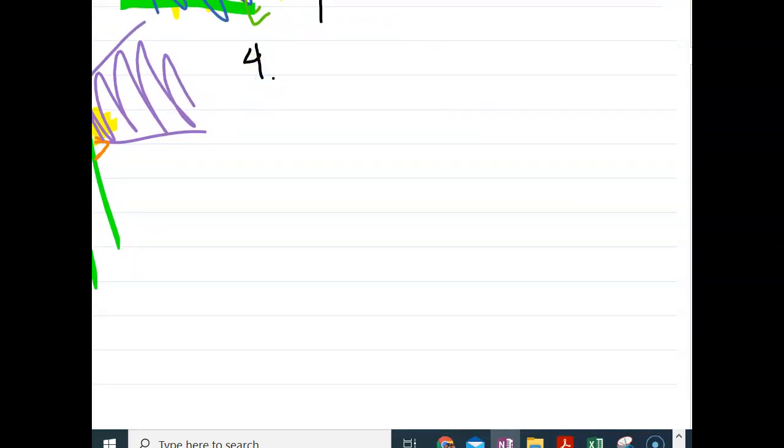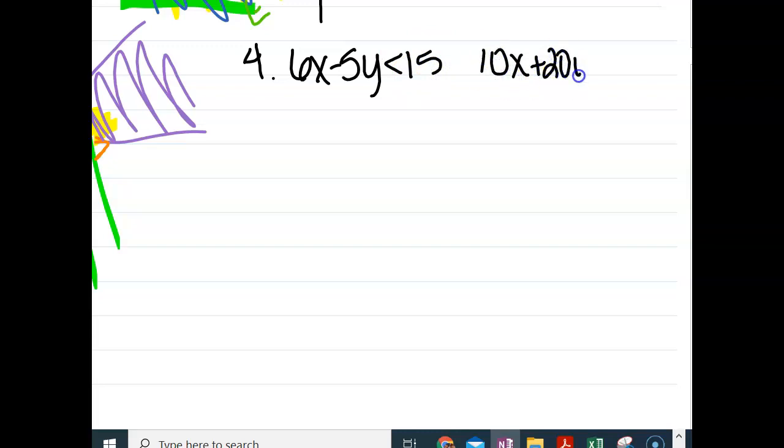Number 4. 6x minus 5y is less than 15, and 10x plus 20y is greater than or equal to 60.